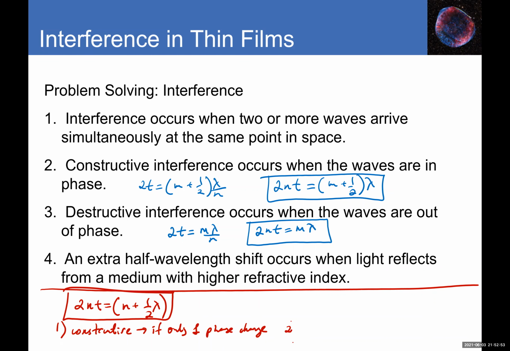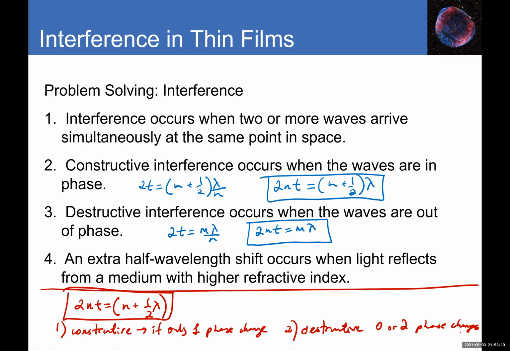But then it can be used for destructive interference if there are 0 or 2 phase changes. That means none of them undergo phase change or both of them undergo phase change. Then that equation is used for the destructive interference.